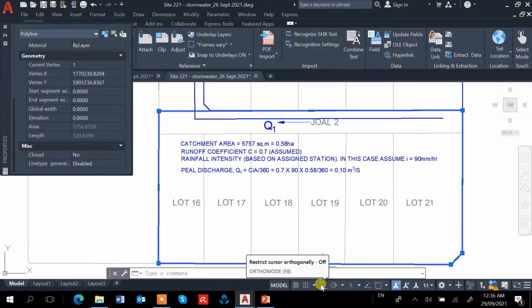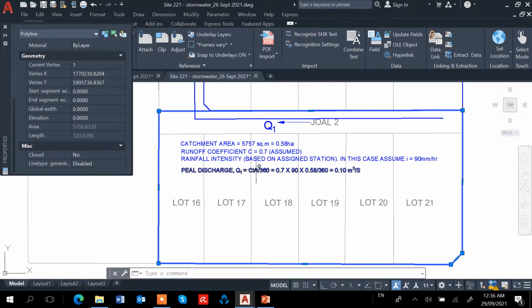Some people have rain gardens or whatever, so the runoff coefficient will go down to like 0.7. If it's 0.1 or 0.2, that's agricultural land, fully tilled surface, where most of the water, 90% of the water, will go underground. But here I think we put 0.7.